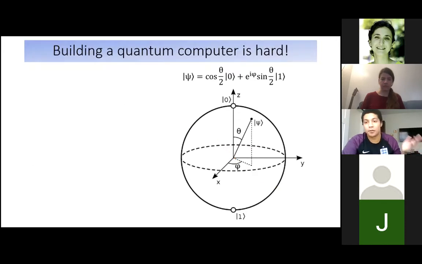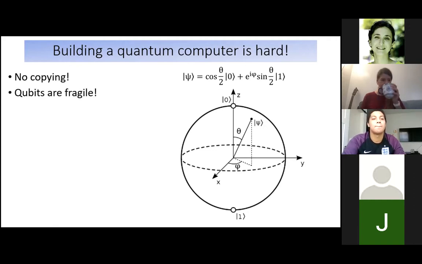But building a quantum computer is hard. Why don't we have it already? In quantum mechanics, we have something called the no cloning theorem, which says we can't copy a quantum state. That implies that we have to actually measure the state, and when we do that, we collapse the quantum state. And qubits are fragile. They interact with their environment. The environment can accidentally make a measurement by interacting with your qubits, and you collapse your state and lose your qubits.